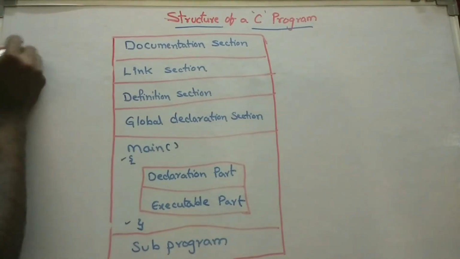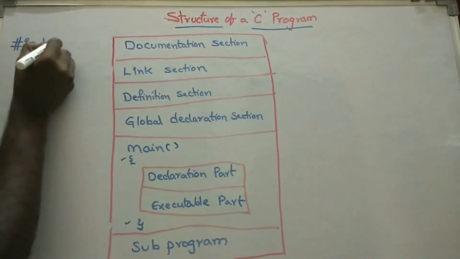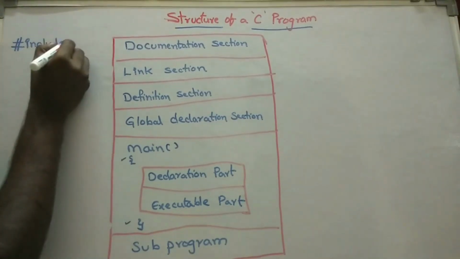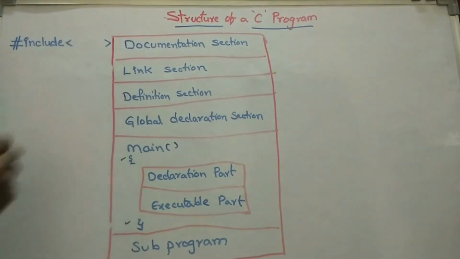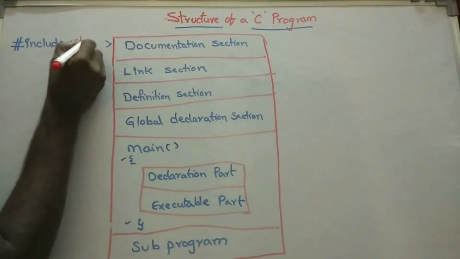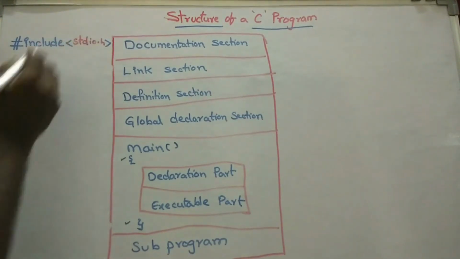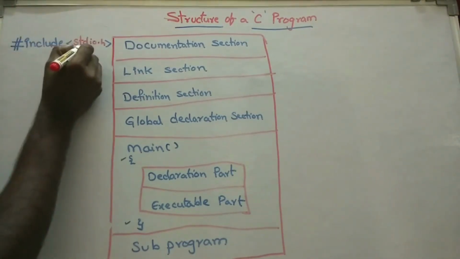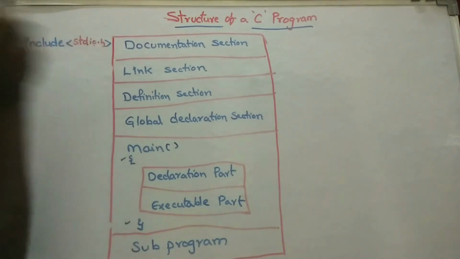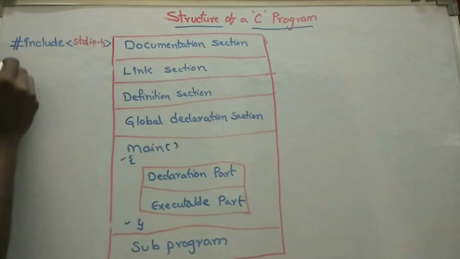By using hash include, then angular brackets, and in between I include the header file. Suppose for example I have to include stdio.h. What is the meaning? Here I include the standard input output header file.